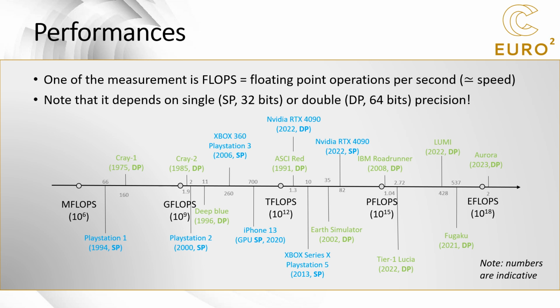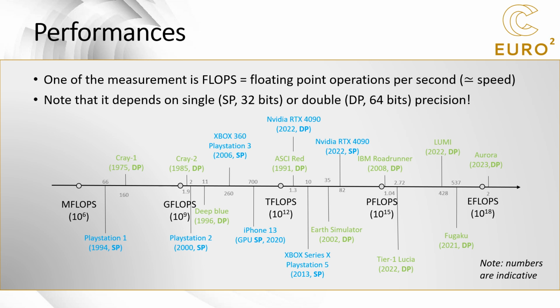To have a grasp on these numbers, let's compare them to usual computers, such as smartphones or gaming consoles. The first PlayStation, that came out in 1994, was already at 66 megaflops, a little less than Cray 1 that came out 2 decades before. A recent smartphone like the iPhone 13 is around 700 gigaflops, which is 70 times more than Deep Blue.